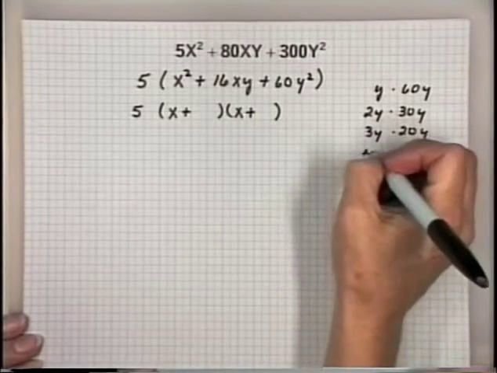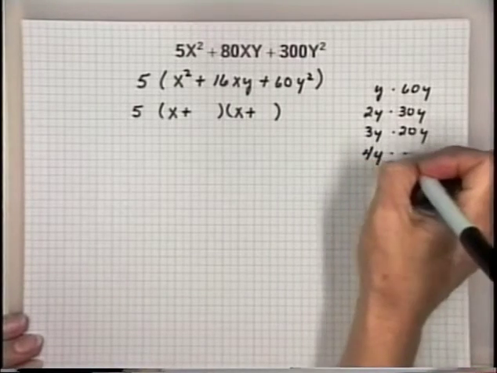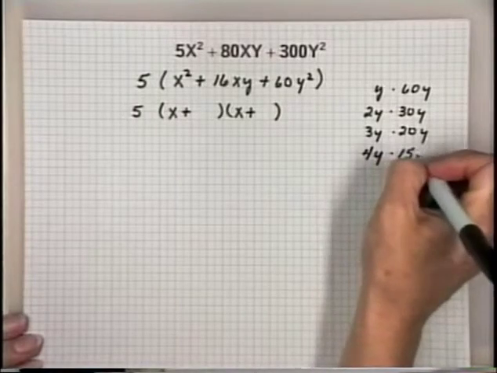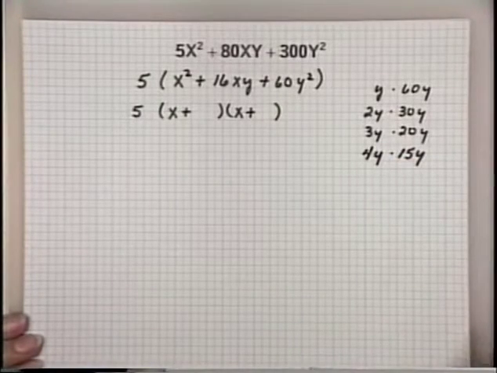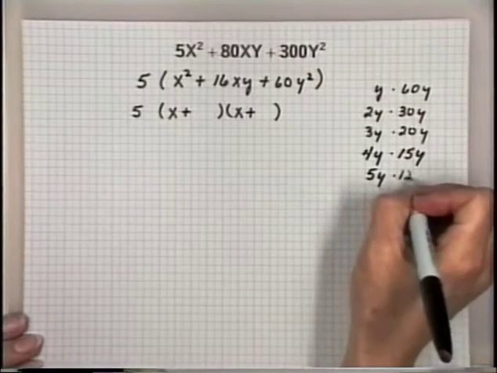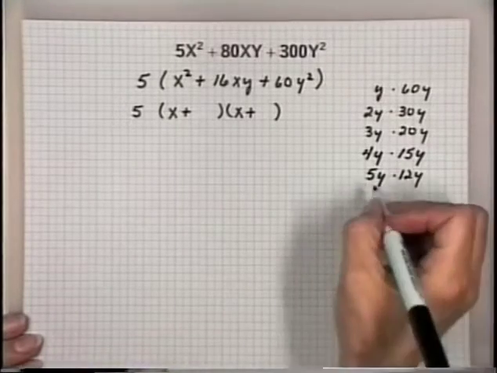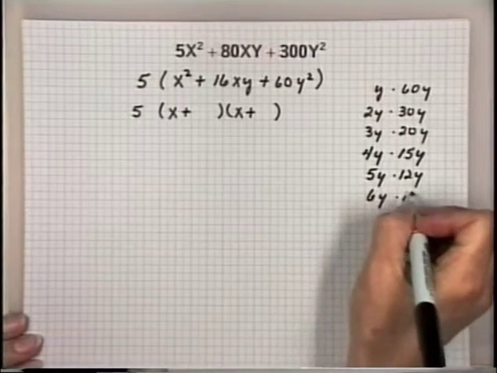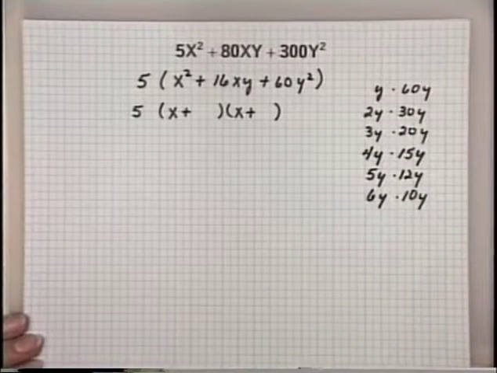I believe it will. 4y times 15y. 5 will go into 60. 5y times 12y. 6y times 10y. I believe that's all the different choices that we have. We had lots of them.